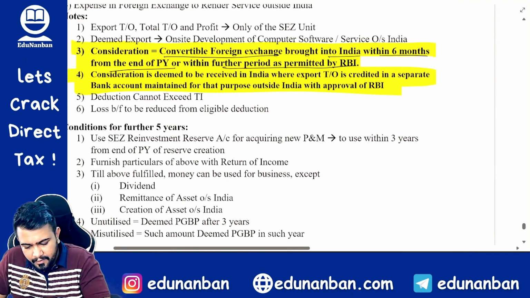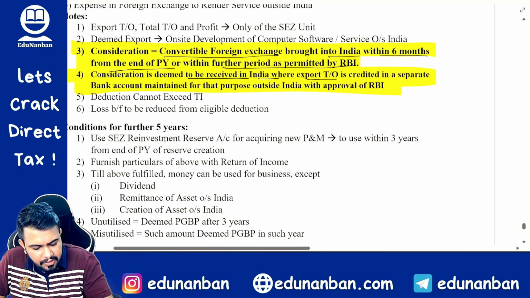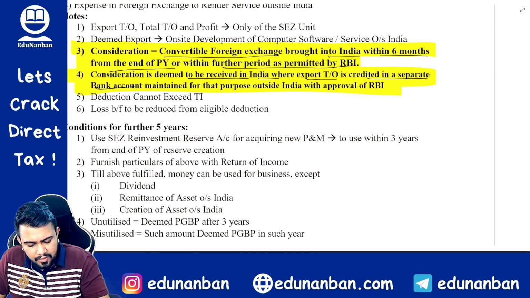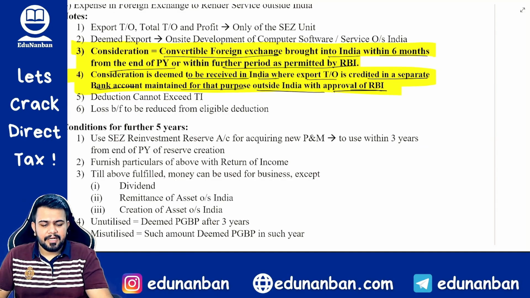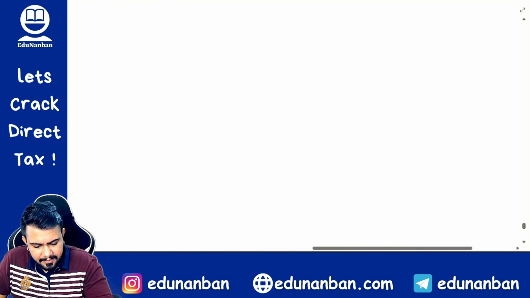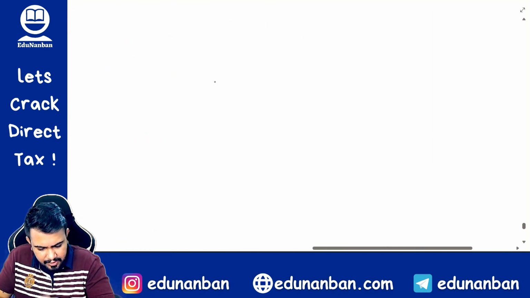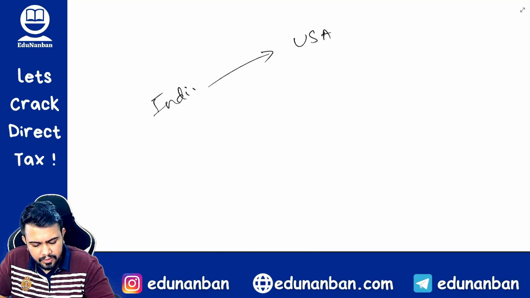Next, consideration is deemed to be received in India where export turnover is credited in a separate bank account maintained for that purpose outside India with the approval of RBI. So what they are telling now, listen here. Let's say a person is doing export to USA, from India to USA.